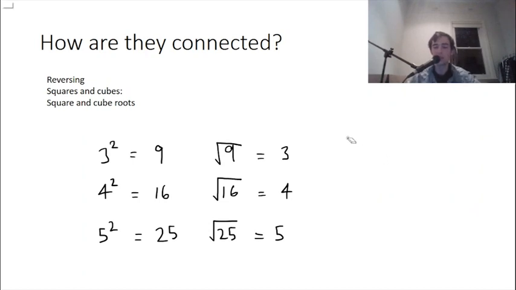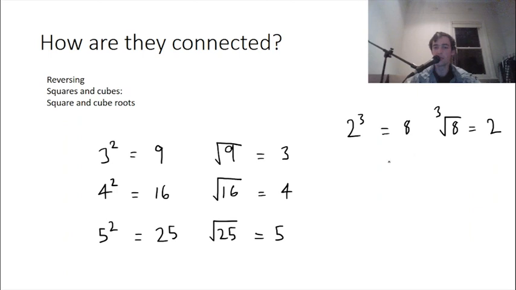There are also cubed roots. Let me do a similar thing over here. 2 cubed equals 8. The cubed root of 8 is 2. So the cubed root of 8 is trying to find the number that I would cube to get 8.